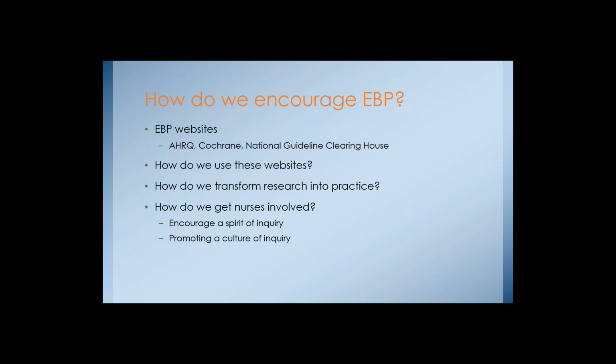How we use these websites is sort of just go to the websites, identify what kinds of things we're looking for, and then identify what level of evidence you have for them. Some of our most appropriate levels of evidence are the level A, where you'll find on the Cochrane Library they use almost all level A type work.